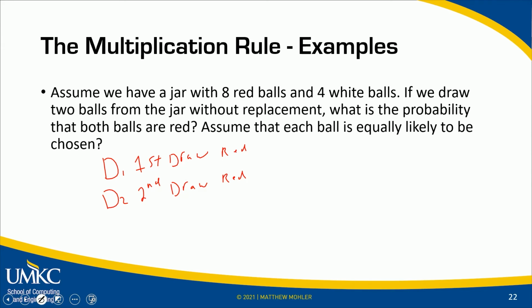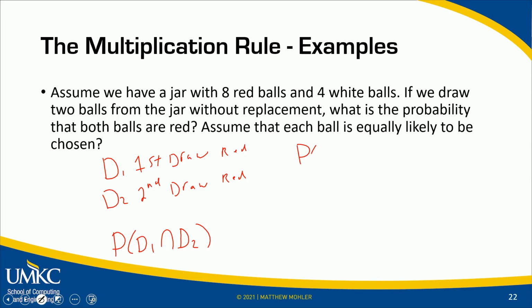With those in mind, we can start applying some mathematics to this. What we're really looking at here is the probability of both D1 and D2 occurring, so this is the probability of D sub 1 intersected with D sub 2. We can look at the probabilities of each of these phases individually.